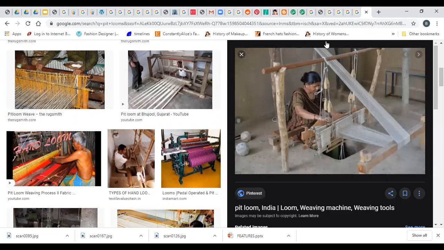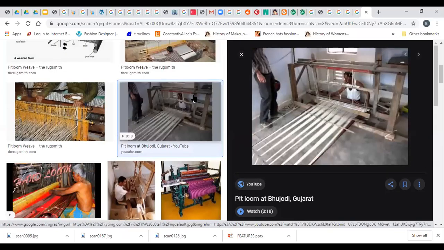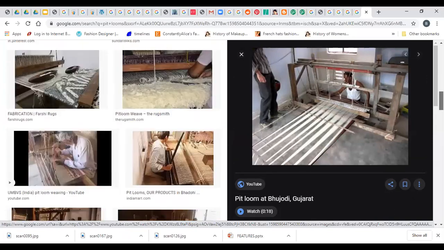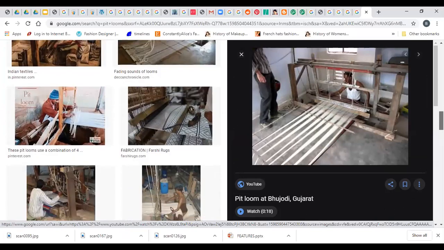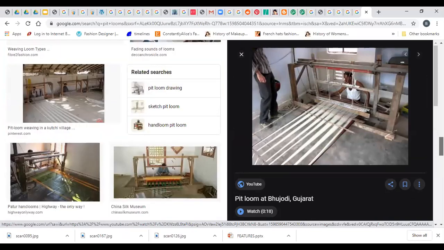Can you go higher, on the left hand side? Can you see where this man has attached the warp, and now he is attaching the warp to the cloth beam? So once the cloth is woven, you can twist the loom in such a way that the cloth can go inside and they can weave further.